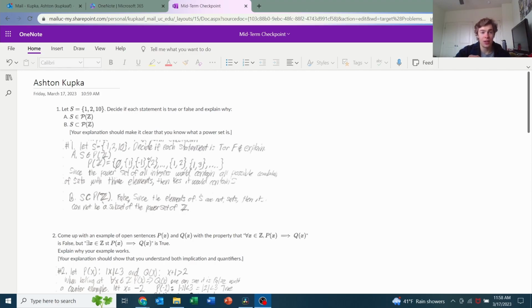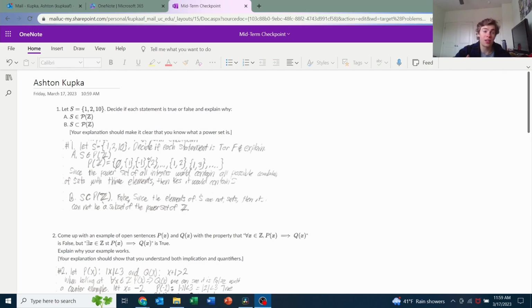And then it's going to contain the set of numbers with three elements, so 1, 2, 3, 1, 2, 3, 4, and so forth. And then since it contains all of those three element sets, then we know that S is actually going to be contained in the power set of Z. So the first statement is true.